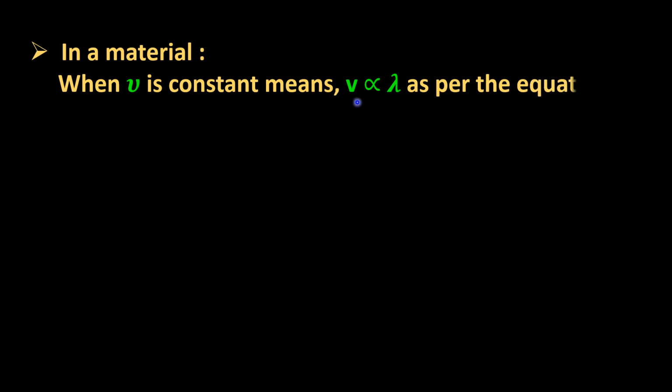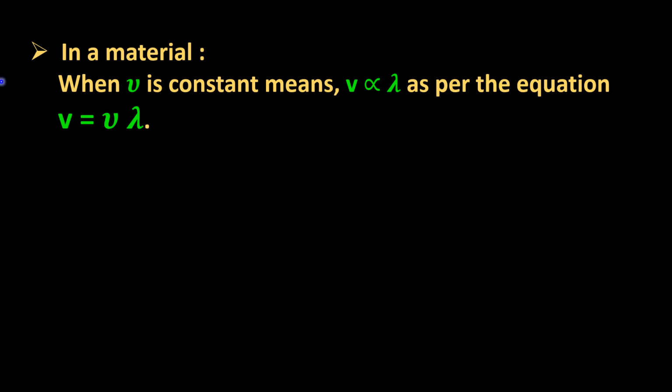In a material, when nu is constant, v is directly proportional to lambda as per the equation v = nu lambda. Here nu is the frequency of the source with which it is vibrating.